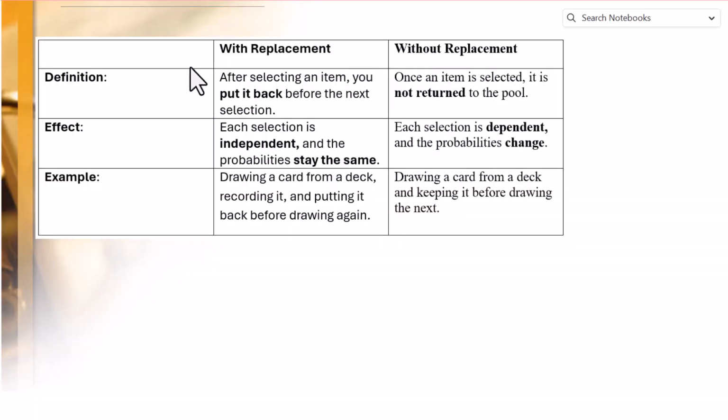First of all, let's talk about with replacement and without replacement. With replacement, after selecting an item, you put it back before the next selection. For without replacement, once an item is selected, it's gone.